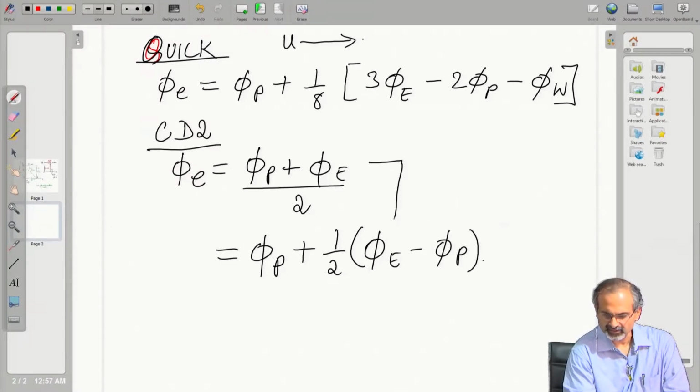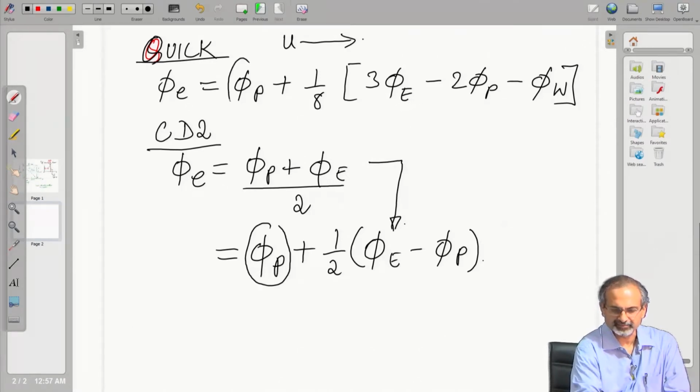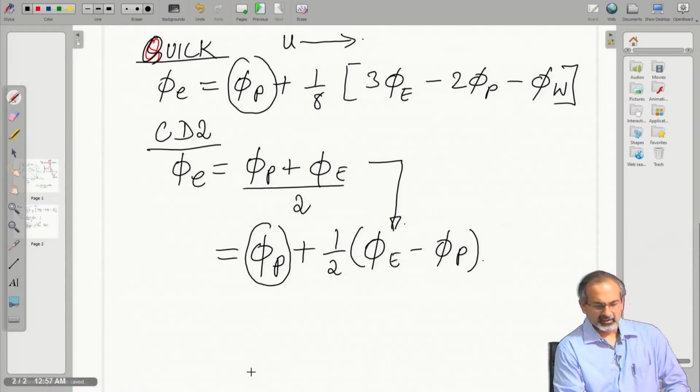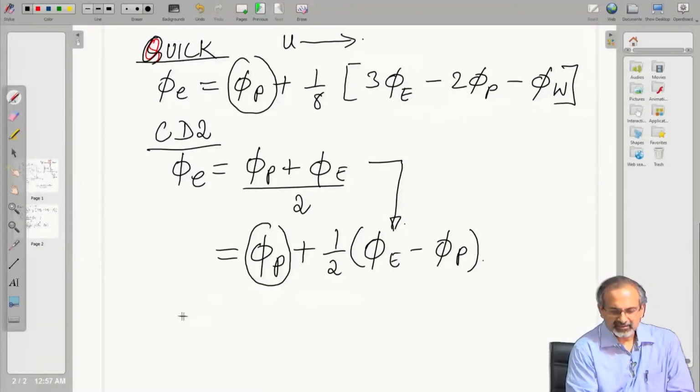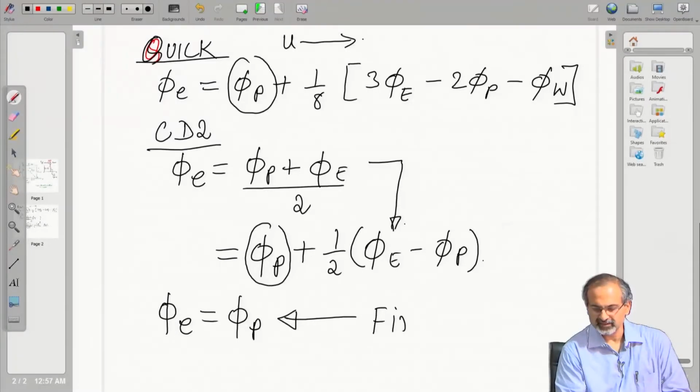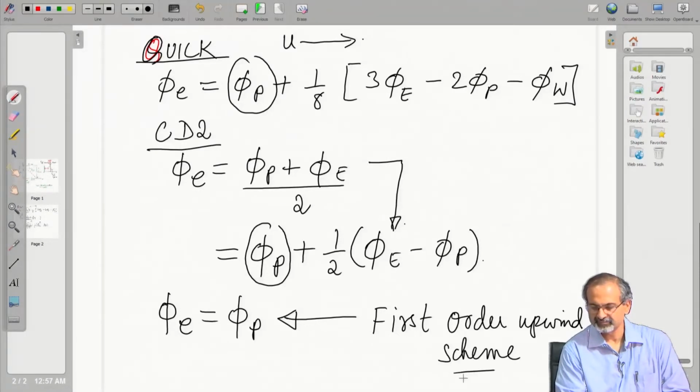So, this expression would reduce to a form like this if you try to keep the phi p aside. Why are we keeping the phi p aside? The purpose that it serves is that if I wrote phi e is equal to phi p, this would have implied that this is the discretization for phi e using the first order upwind scheme, right.